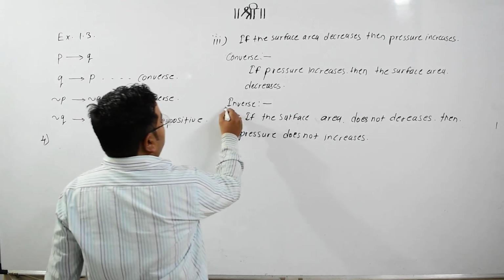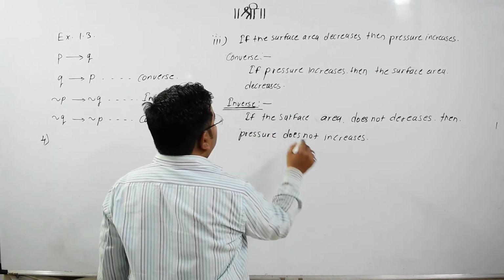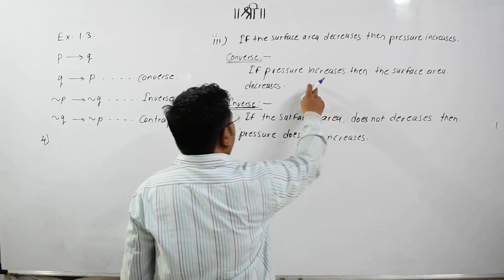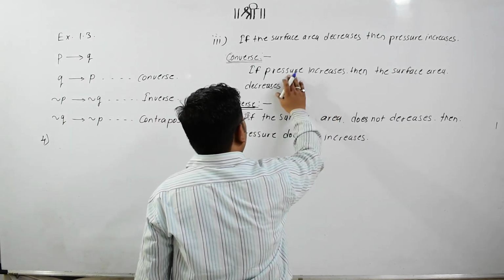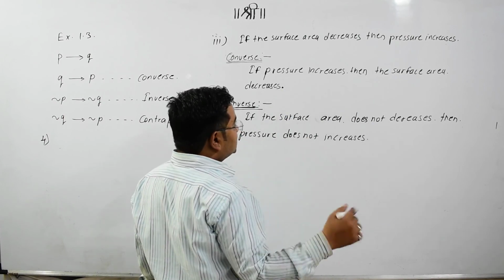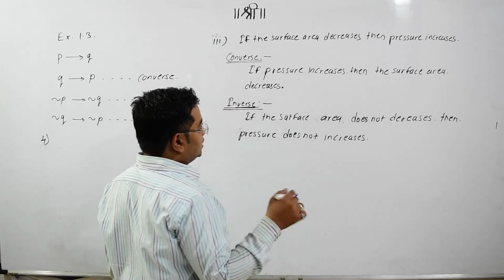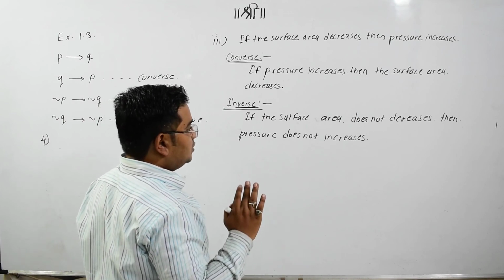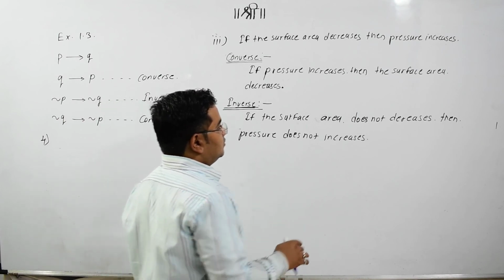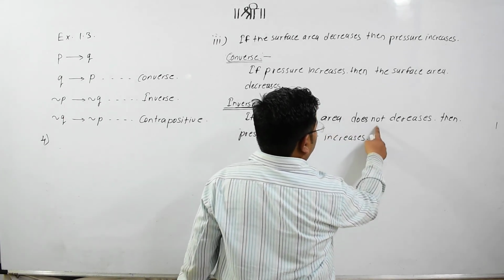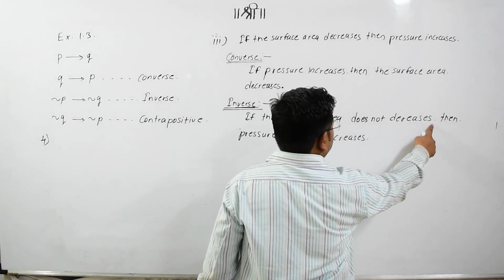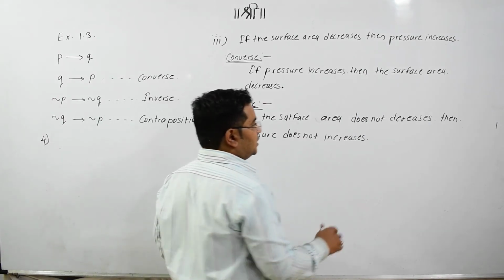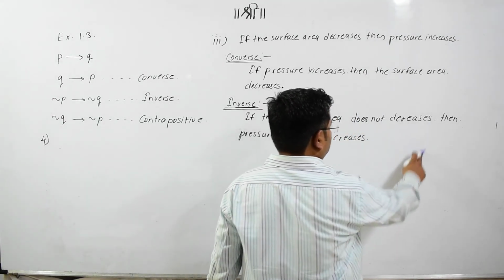Here most of the time people are just putting the opposite word. For increases, they consider the negation to be decreases, and instead of decrease they put increase. Do not perform this kind of task, you will get a 0. What is the correct process? Does not decrease. We don't know whether it is increasing or doing something else, so we are simply saying it is not decreasing, that's it.